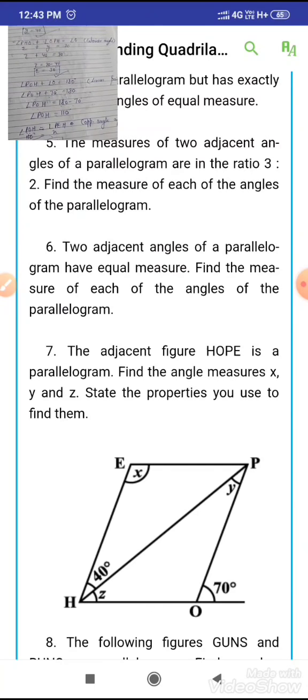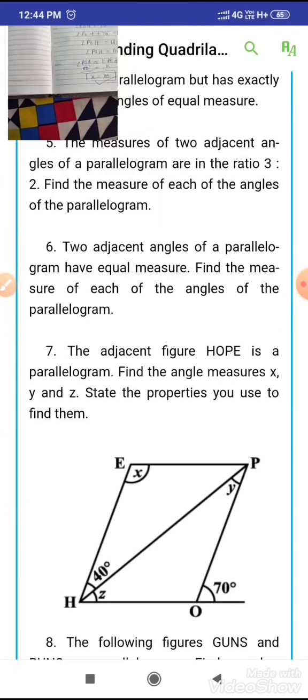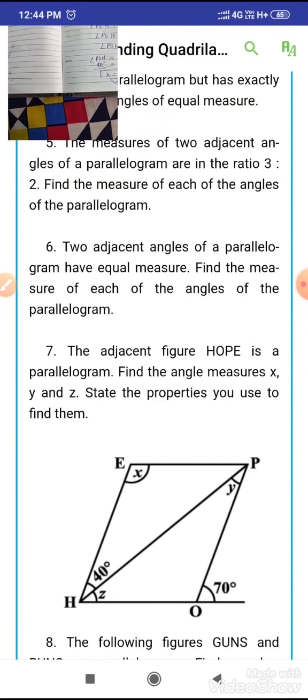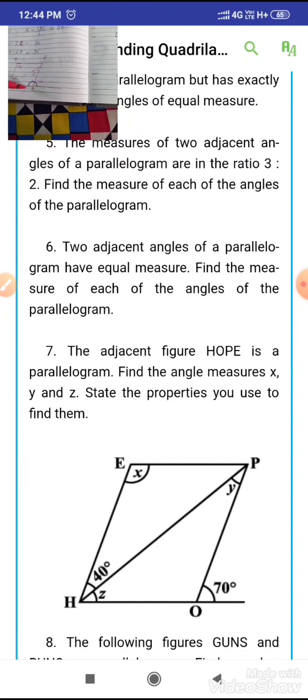At last we have to find the value of x. For this, first we find this angle POH by using the linear pair property.